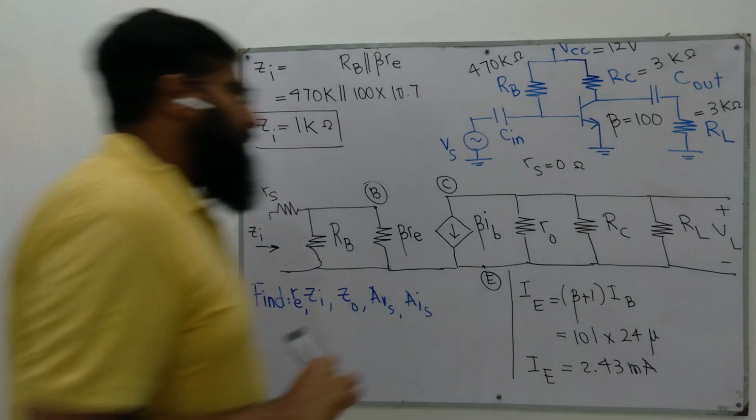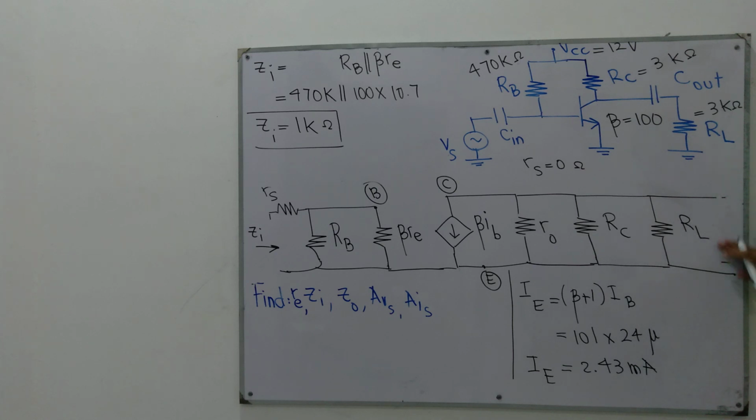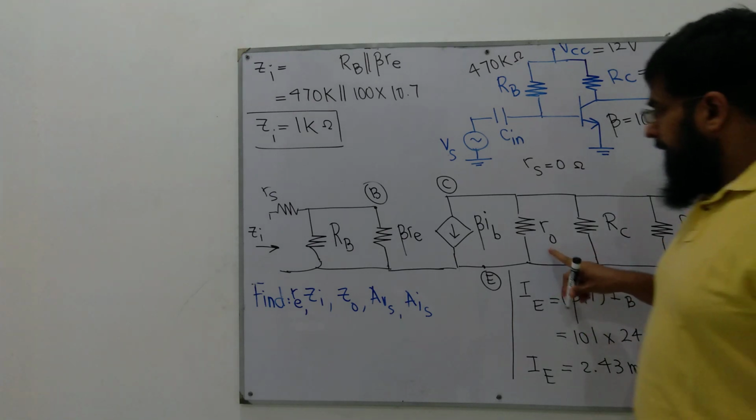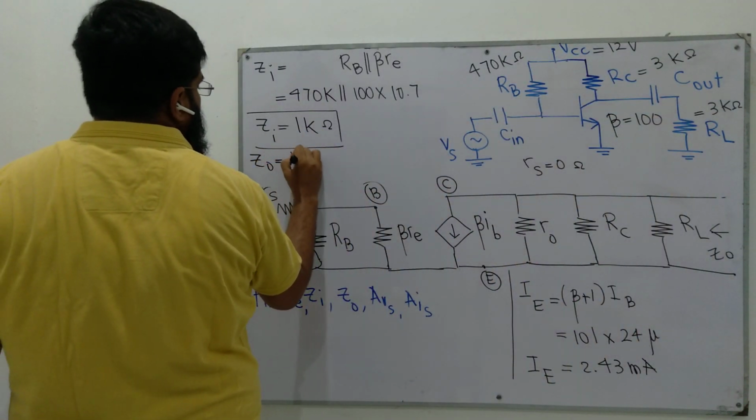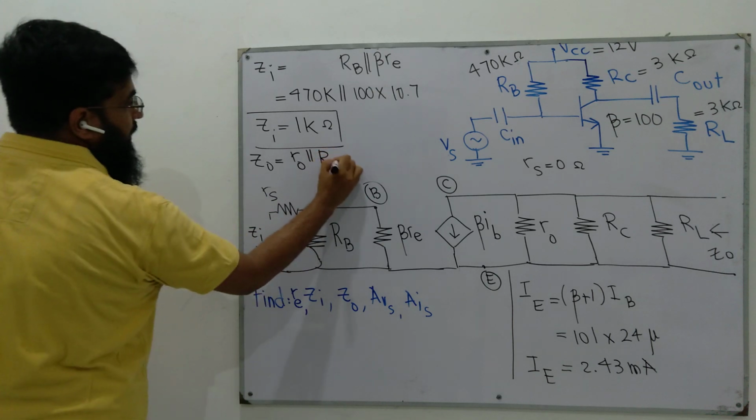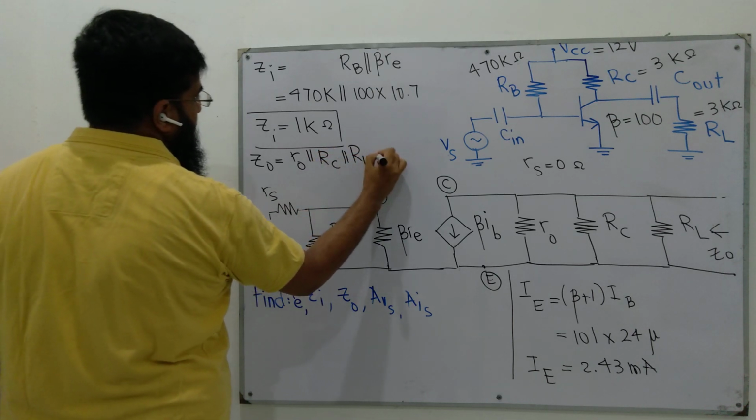What is Zout? On the output side, we see three resistors: R0 in parallel with RC in parallel with RL.